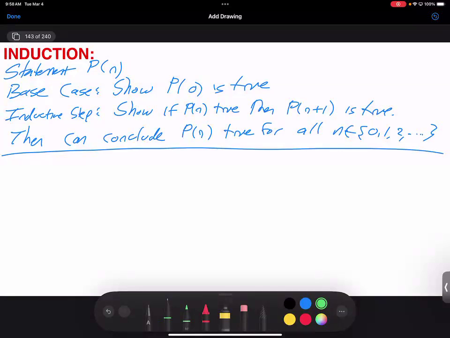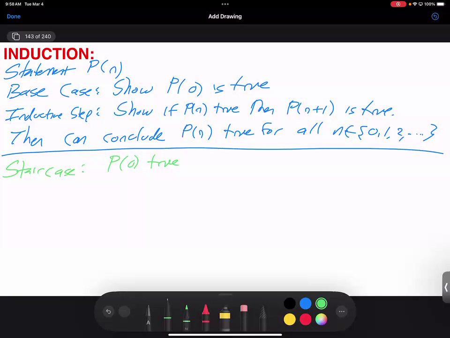The proof is basically the staircase. We know P0 is true. And we know by assumption, if Pn is true, then Pn plus 1 is true. What would be a good value of n to use? 0.